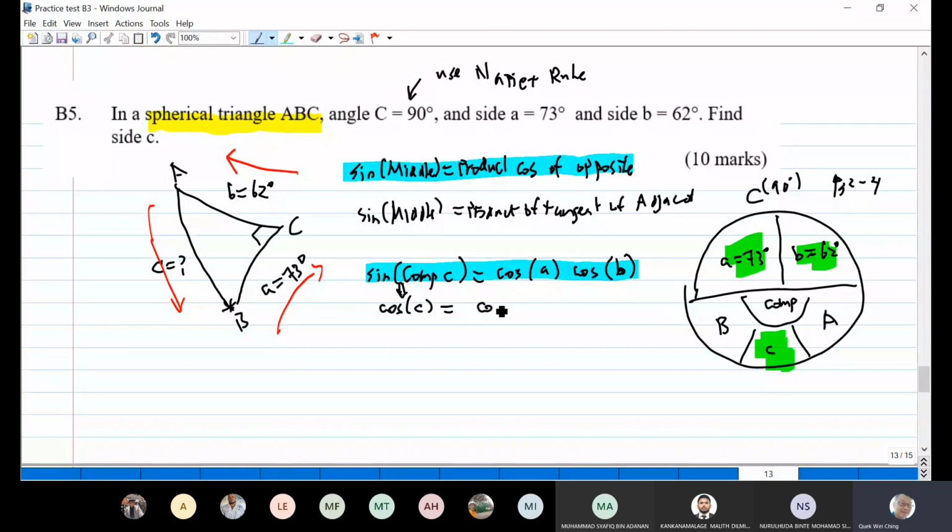So cosine of A, we have 73 degrees. Cosine of B has 62 degrees. You multiply out and can find C, right? So cosine 73 degrees times cosine 62 degrees gives 0.1372.